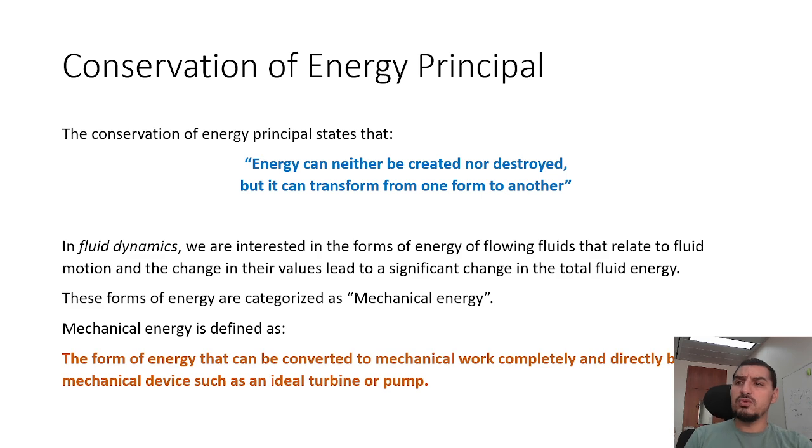This is what we mean by mechanical energy. I'm going to revisit this definition again, but for now, let's agree with this definition of mechanical energy. So the take-home message for now is that the forms of energy we are interested in are the forms of energy that can convert into mechanical work directly.